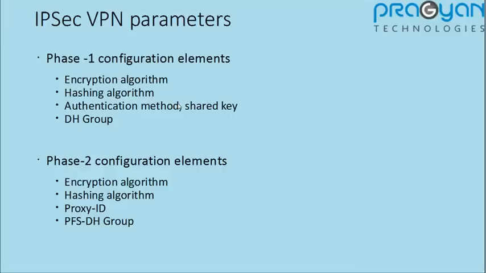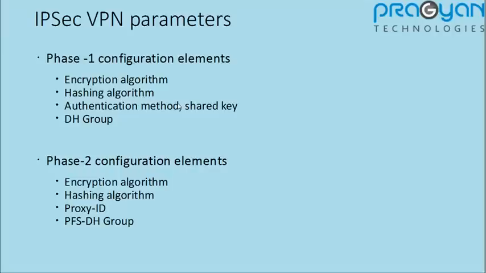This is a very crucial part of the IKE negotiation. At the end of phase 1, both parties have the same master key for symmetric key encryption, and they are going to use this key to encrypt all subsequent data. That's what happens in phase 1.